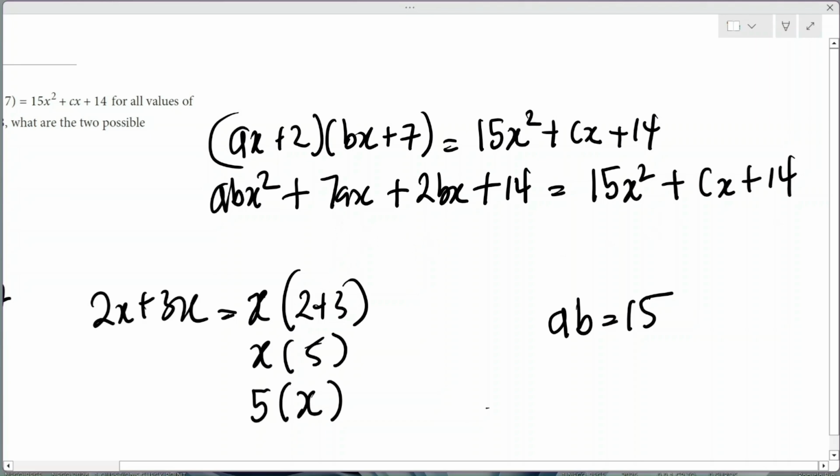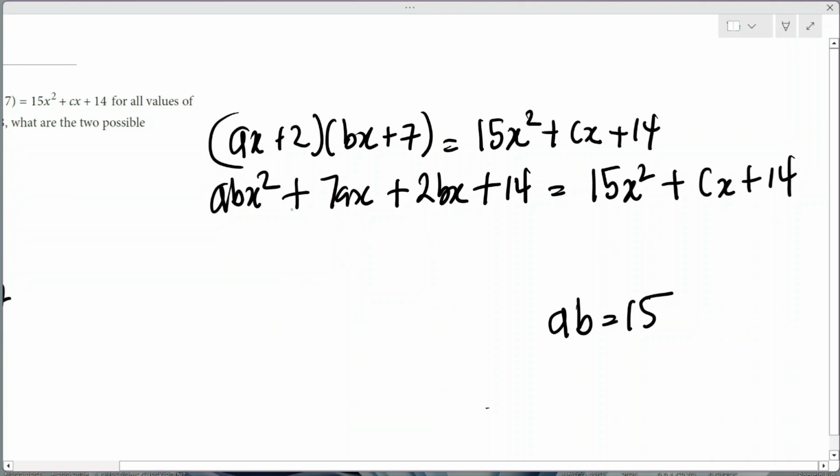So let's factorize it. We have abx² plus, both these two have x in common. So you take out the x, let's put it on this side. If you take out x from this 7ax, this x goes off, you'll be left with 7a. So you have 7a, you can put it in bracket, plus.